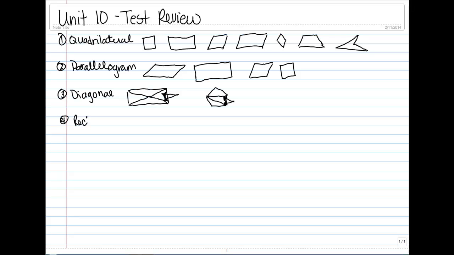A rectangle is, of course, the general looking rectangle. And then a square is also a rectangle. A rhombus is the general looking rhombus, just a tilted square. But a rhombus is also a square.